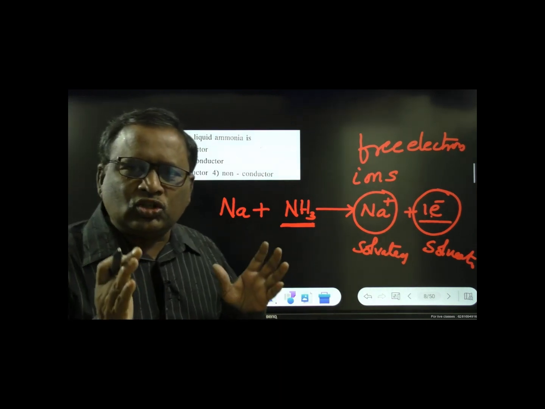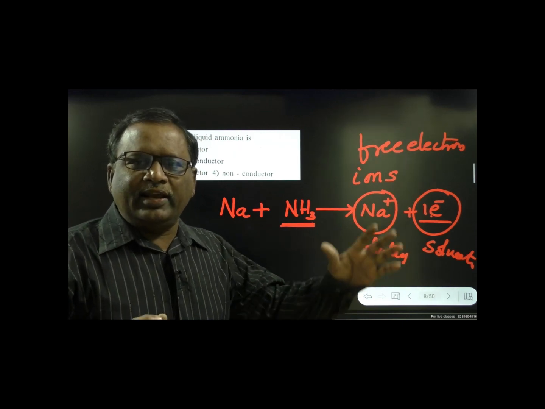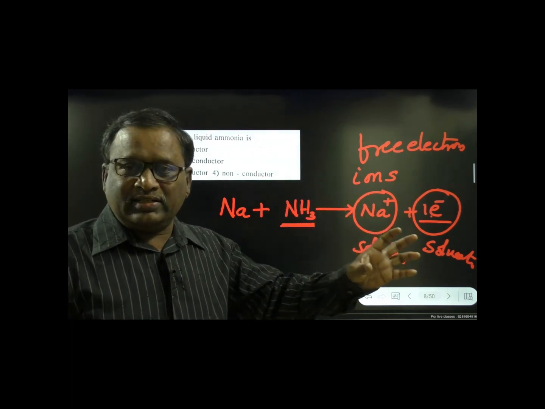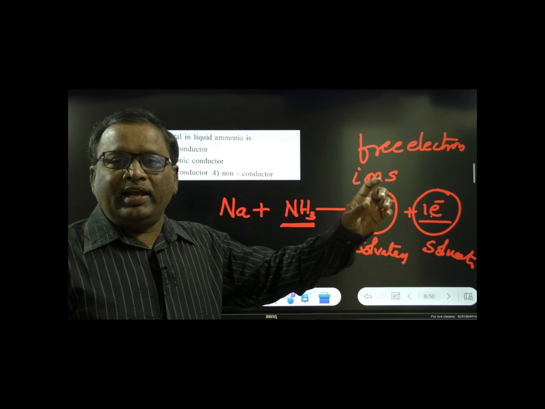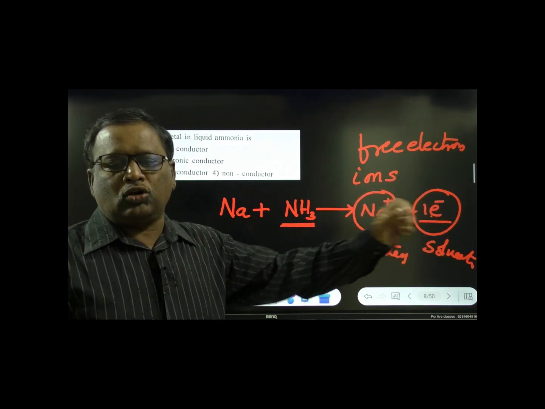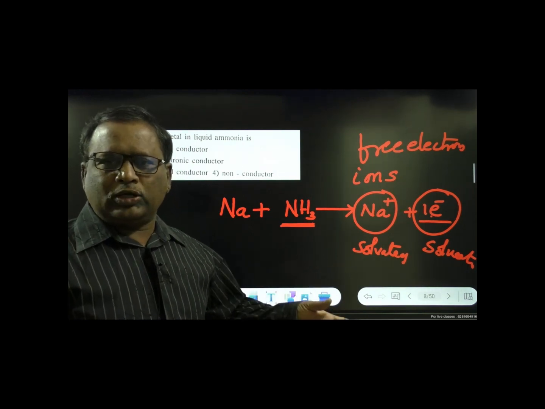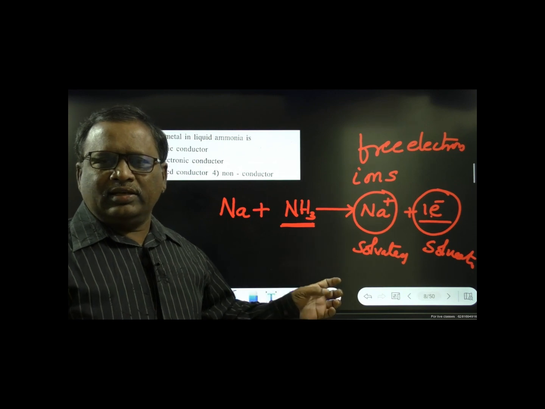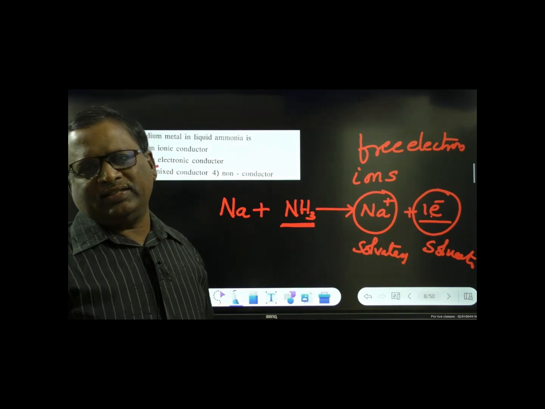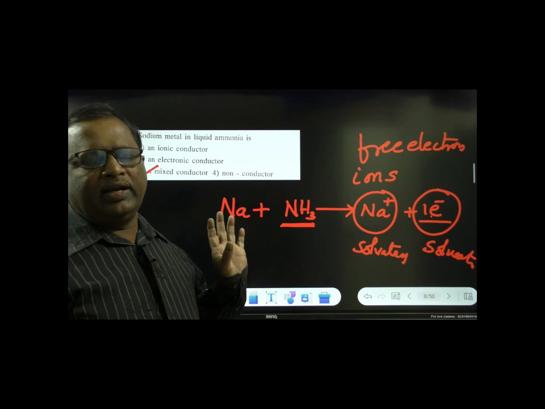But sodium in solid state, in an isolated state, is an electronic conductor because of the availability of free electrons. Whereas in liquid ammonia, sodium releases electrons and exists as sodium ions and electrons. So, here it will act as an ionic conductor. Hence it can be considered a mixed conductor.